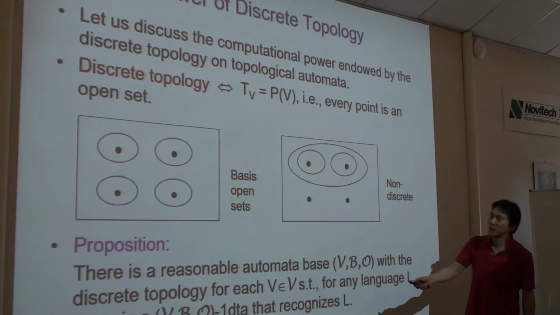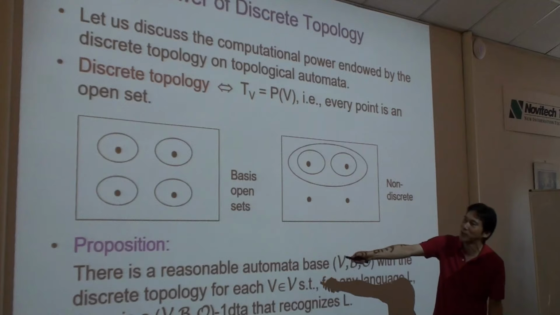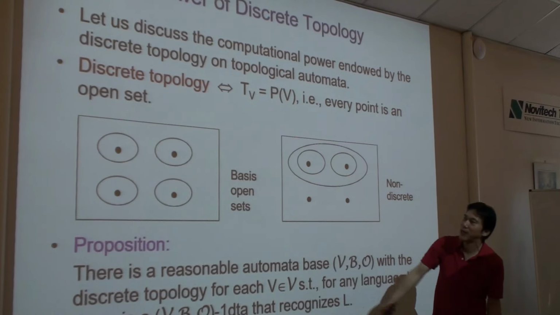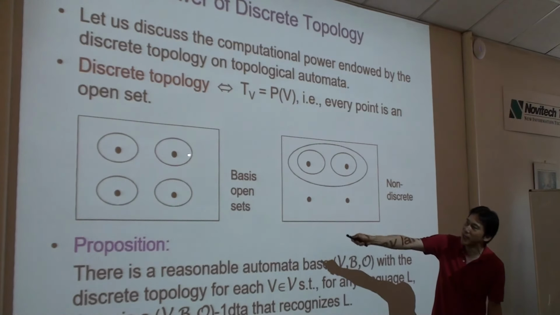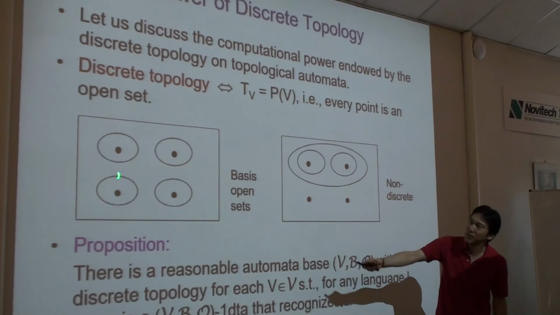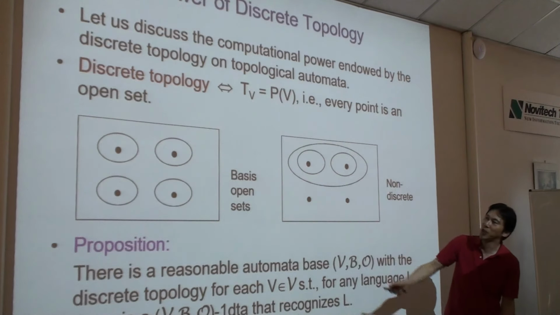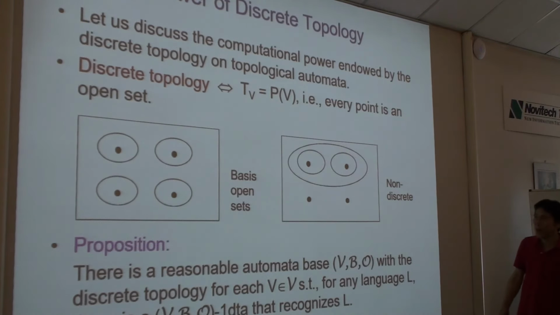For example, I just draw the basis open sets. If you have a point, then the point itself is an open set, and you can combine them: finite intersections and finite or infinite unions of open sets are open sets. That's the definition of a topology.